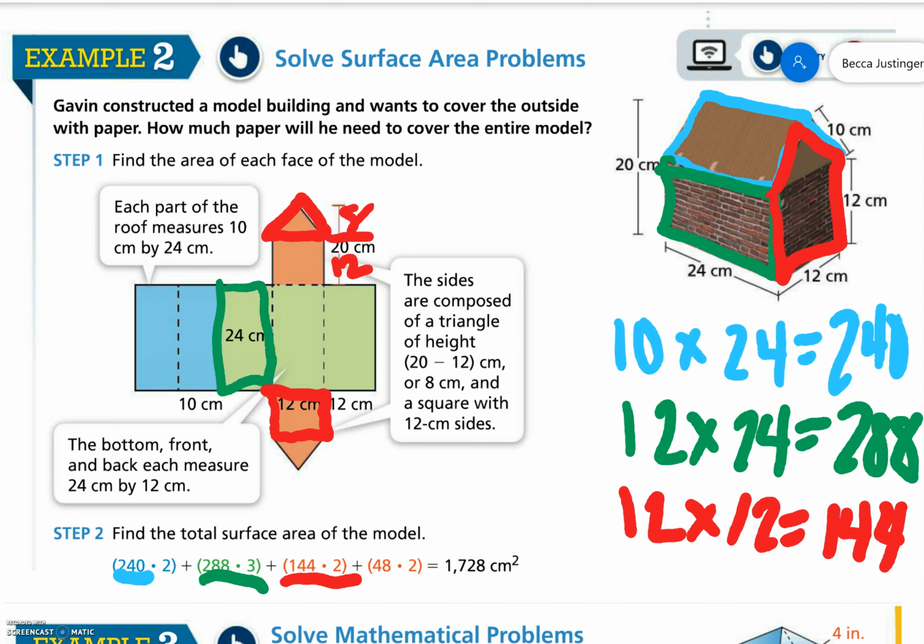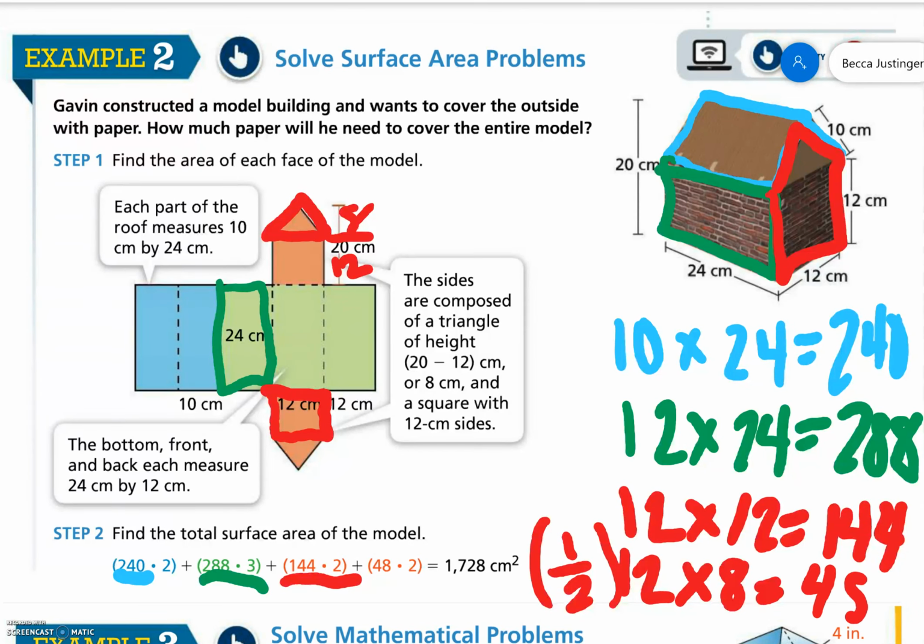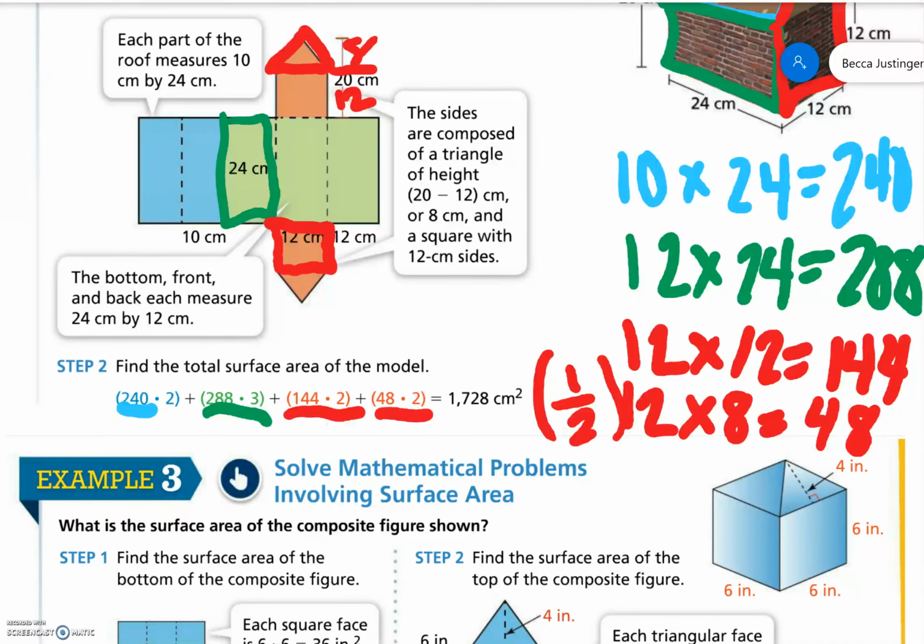So it is 12 times 8, but 1/2 of that. 12 times 8 is 96. Divided by 2 is 48. And there's 2 of them. Multiplying first, and then we add, just like PEMDAS.